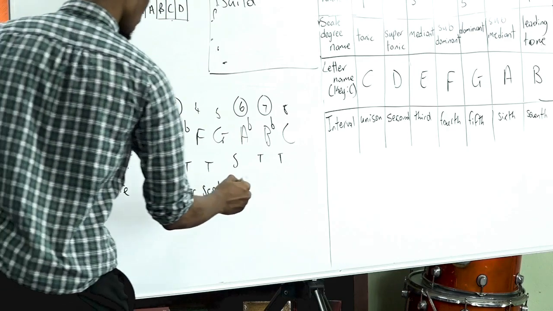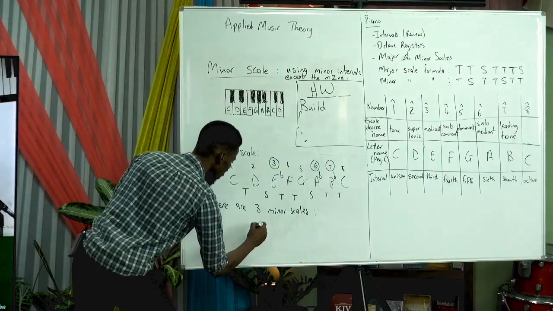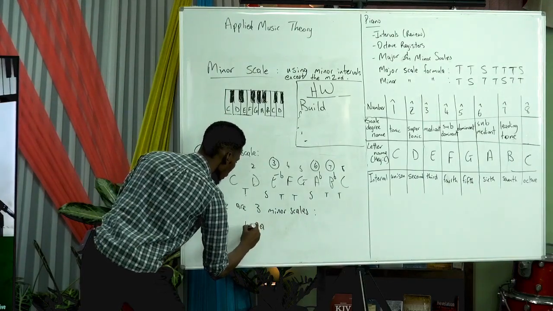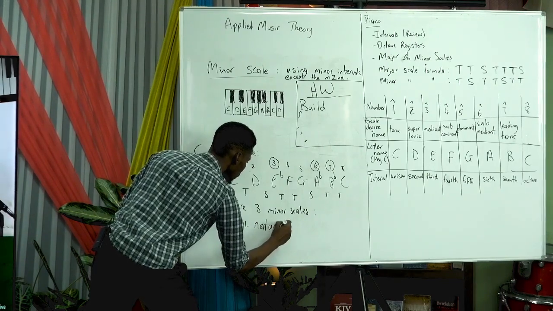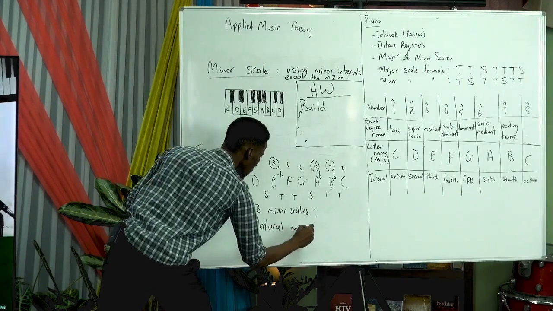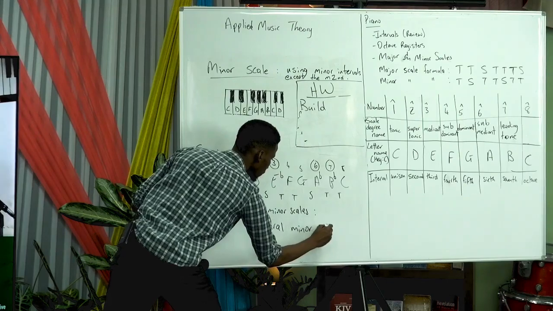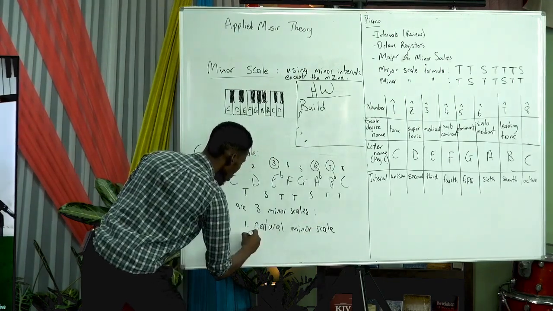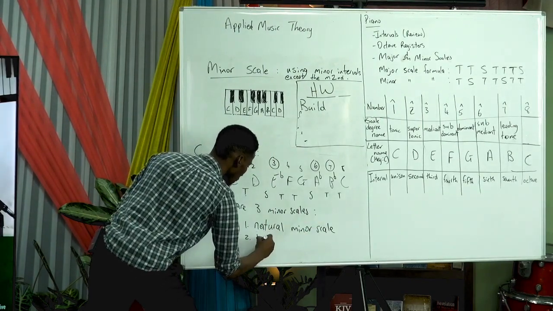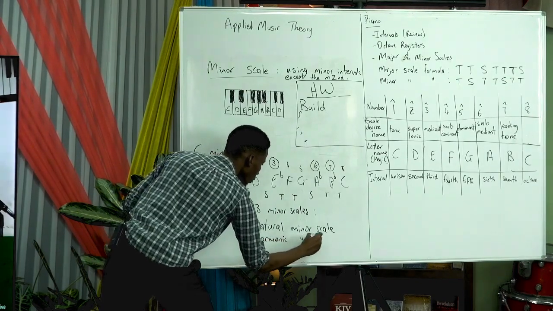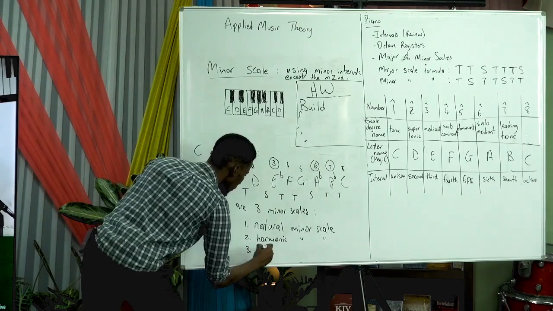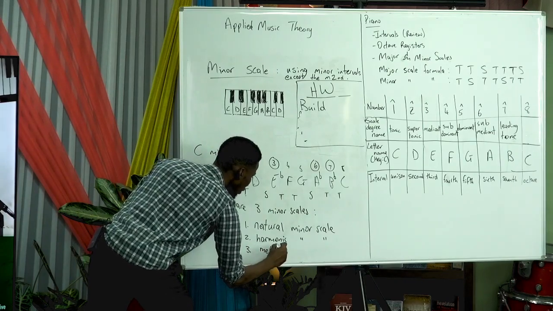The different minor scales are 1, natural minor scale, 2, harmonic minor scale, and 3, melodic minor scale.